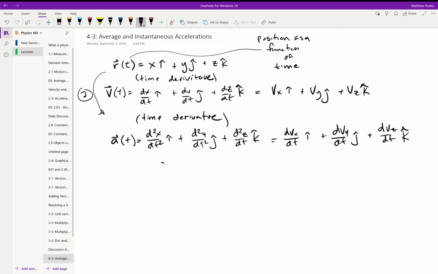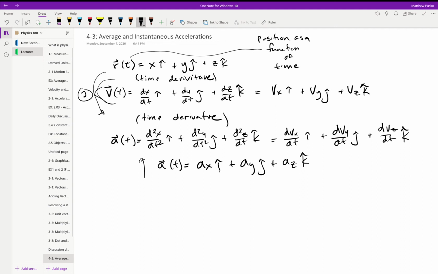And then if we wanted, we could write it like we did this one right here. Acceleration as a function of time would be the x component plus the y component plus the z component.